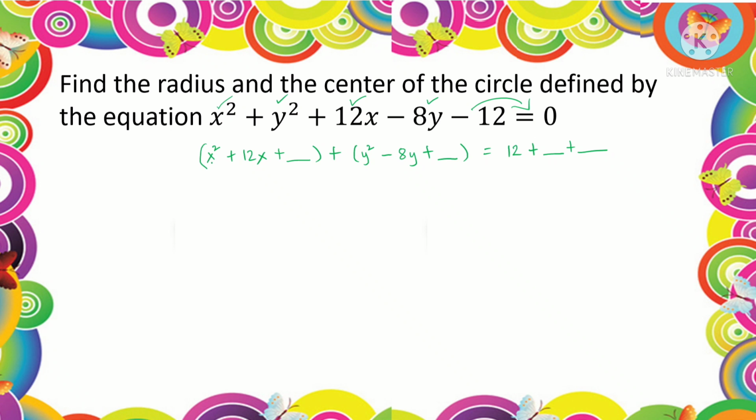Let's complete this first one. So x squared plus 12x plus, take the half of the middle term, 12 divided by 2 is 6. Then take the square. 6 squared is 36.